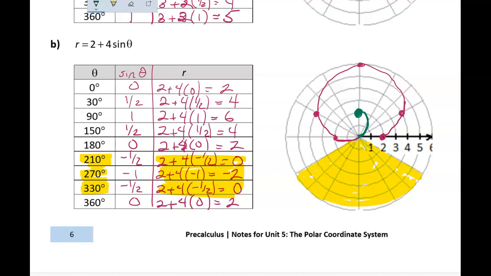And then what happens on the next interval between 270 and 330, the radius is negative. Those are fourth quadrant angles. So the graph shows up in the opposite quadrant, quadrant 2. And then between 330 and 360, the radius goes from 0 to +2, back to positive. So you see that creates what we'd call a looped limaçon.